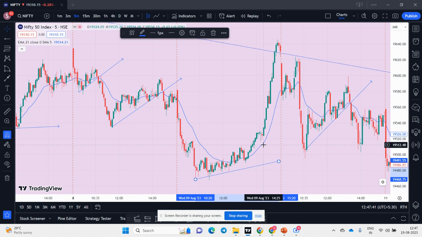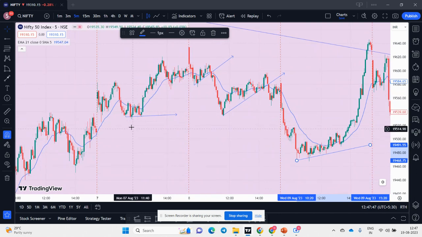Once it breaks, we can go for entry, and we can go on the long side. That is one setup. And you can see again a small trend line, one, two, three swings, but it could not close the trend line, and on the reversal we make an entry, and the market went up.